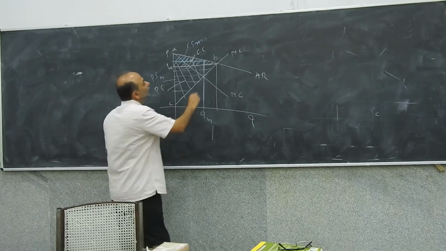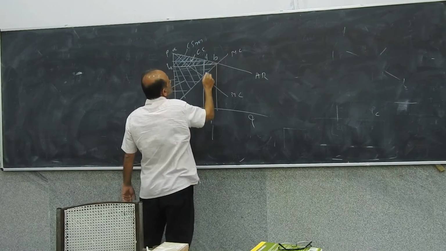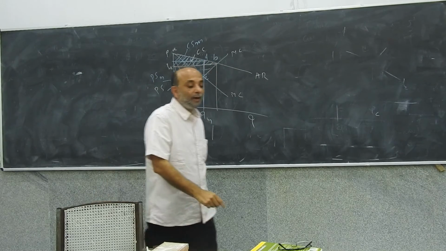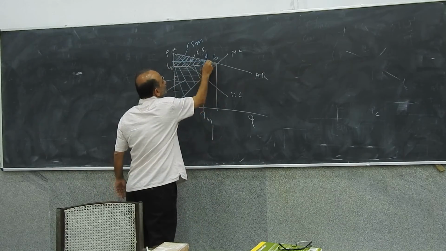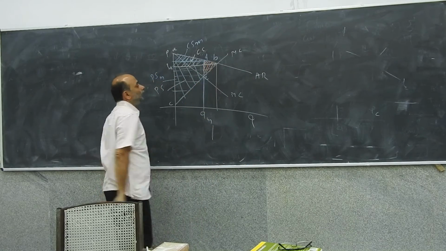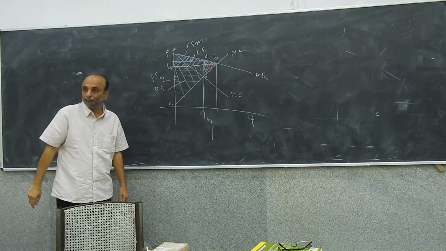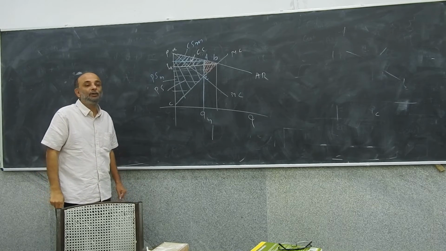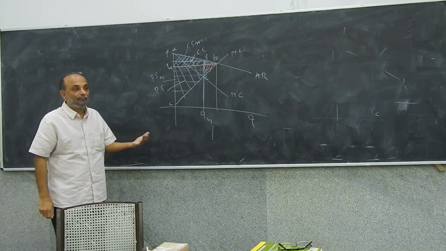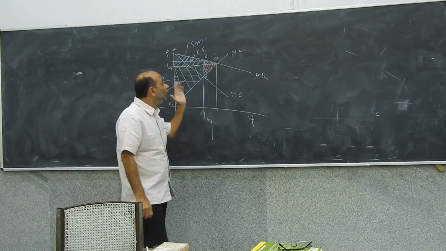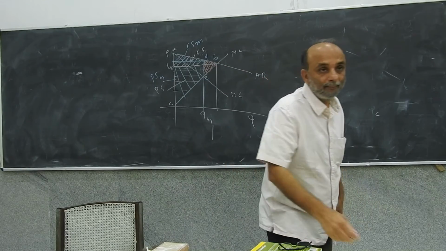Yeah? So if this is B, if this is D, this is E. The area of the triangle BDE is the extent to which total surplus is lower under monopoly. Right? BDE is the extent to which the total surplus is lower under monopoly relative to competition.